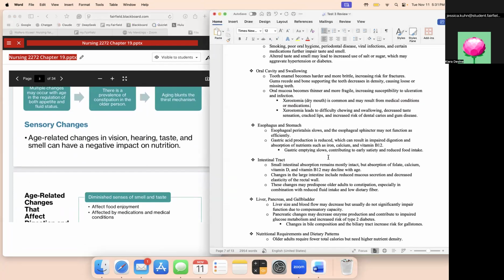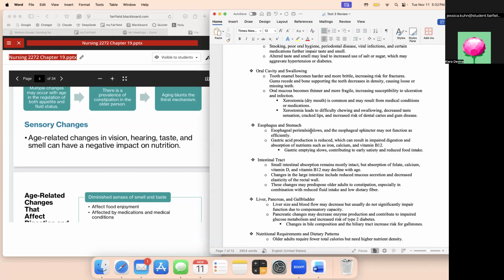The esophagus and the stomach: esophageal peristalsis slows, so the esophageal sphincter may not function as efficiently. Gastric production is reduced, which can lead to impaired digestion and absorption of nutrients such as iron, calcium, and vitamin B. Gastric emptying also slows, which can contribute to early satiety and reduced calorie intake.